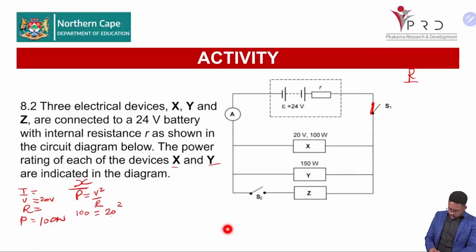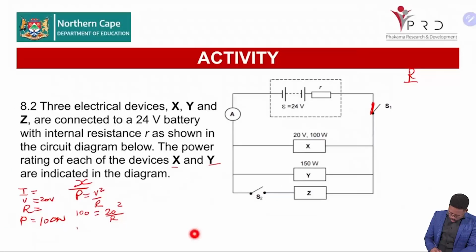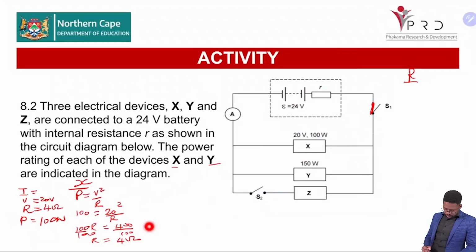Don't forget to square it. R is unknown, so you solve for R. We're going to have 100R is equal to 400. You divide both sides by 100, then R is equal to 4 ohms. So now we know the value of R, which is 4 ohms.